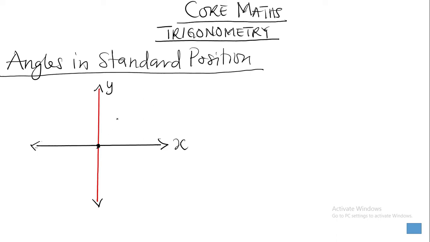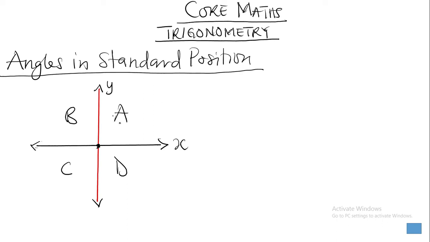Good. Now you can see that the plane is divided into 4 sections: this section, this section, this section, and this section. Now the sections have a name. They are called quadrants.